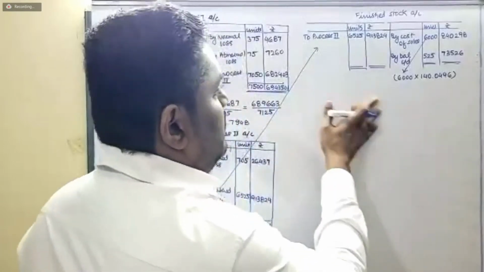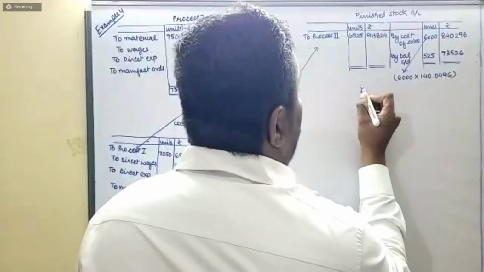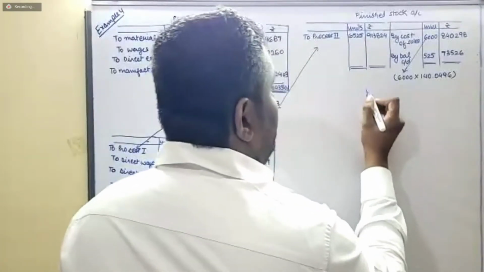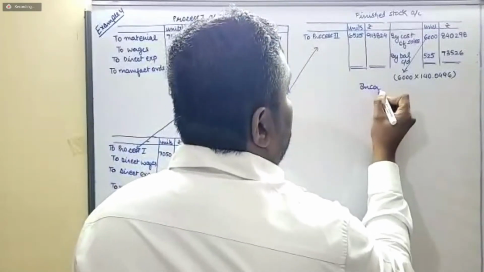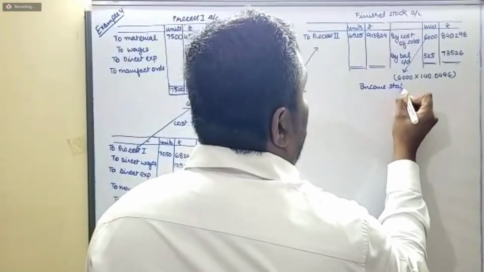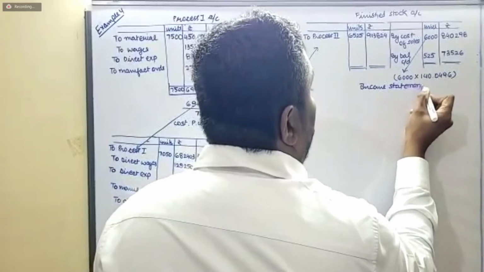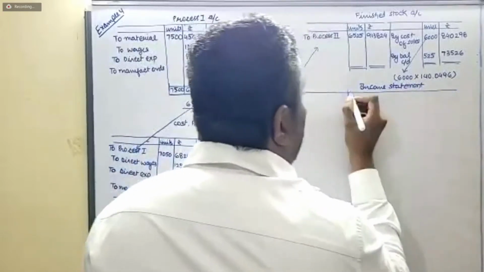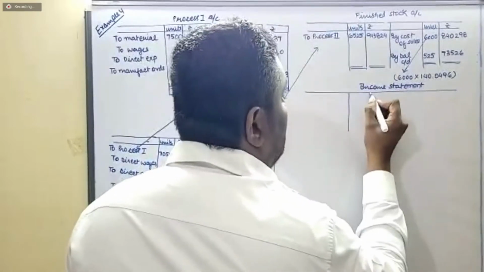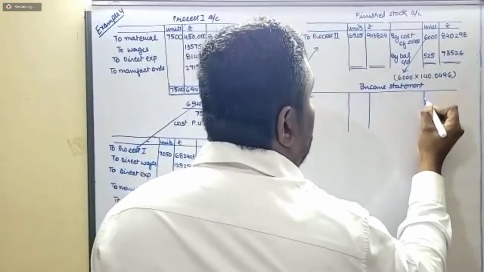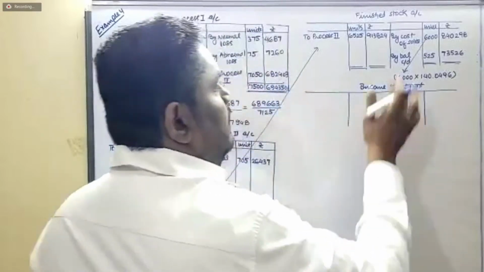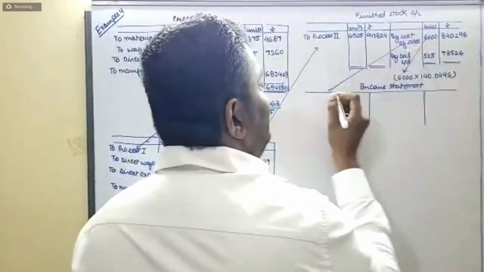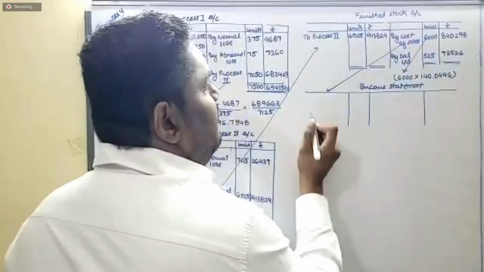Now let's say if we want to prepare the income statement, the balance of this cost of sales will be transferred to the debit side of income statement.